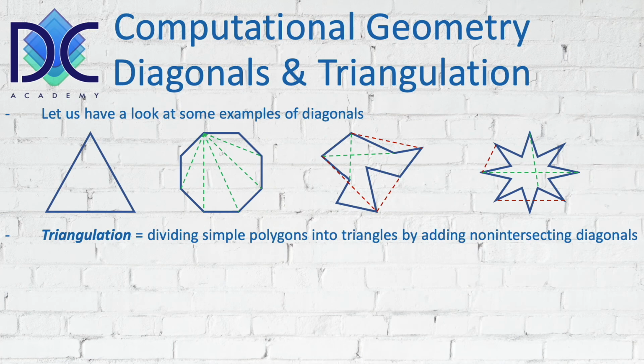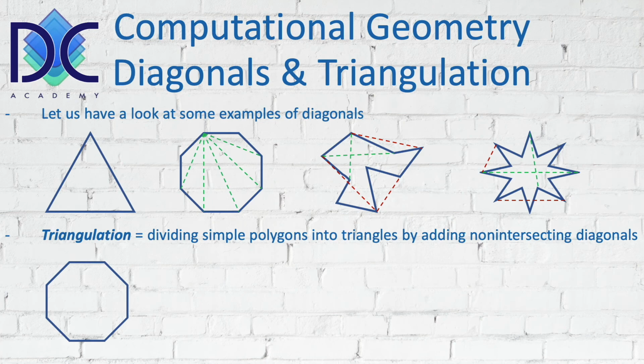The thing we're going to look at is what we call triangulation. Triangulation is dividing simple polygons into triangles by adding non-intersecting diagonals. So we have to look at those diagonals, and they cannot be intersecting. Now, first of all, we have the octagon.